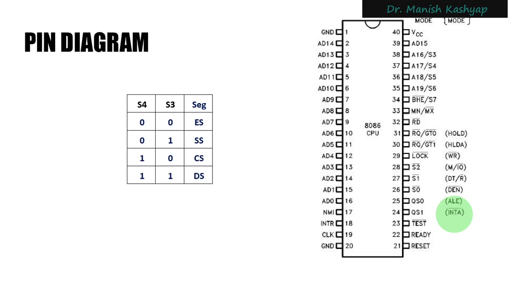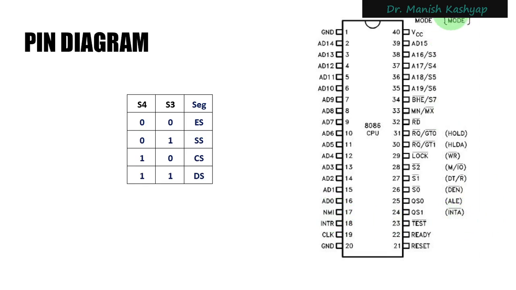That's why it's a level triggered signal. The first pulse informs the interface that the request has been recognized. Upon the receipt of the second pulse, the interface is to send the interrupt type to the processor over the data bus, right? So this interrupt acknowledge is actually the acknowledgement of the interrupt. You have seen INTR and NMI, so it is used in combination with those.